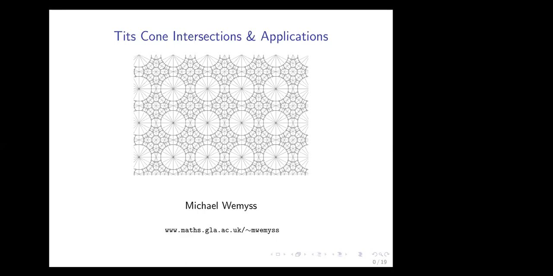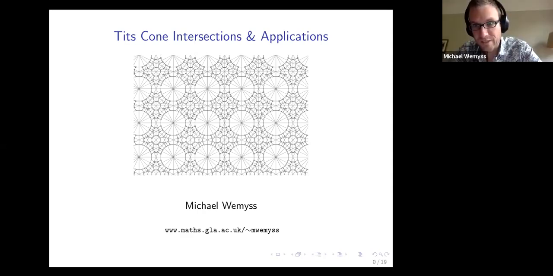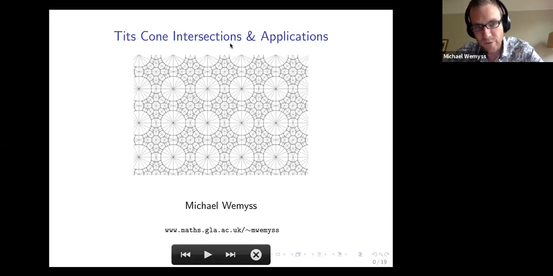So today I'm going to be talking about Tits cones, which are due to Jacques Tits, a French mathematician, basically a geometric group theorist. But the applications I'm going to talk about today are much more down towards representation theory and towards algebraic geometry. And somehow the new thing I'm going to try to describe is the word intersection.